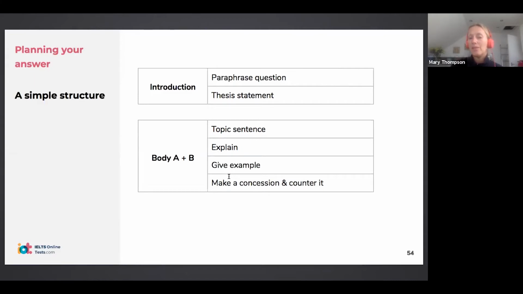What do you do when you make a concession? What does that mean? Yeah, Sky, that's correct. So you're kind of explaining the other idea. You're acknowledging the other idea anyway. So you're acknowledging it. So you're accepting that it exists, but then you're coming back to your own idea, which is when you counter it. Okay, so countering it just means coming back to your original argument.